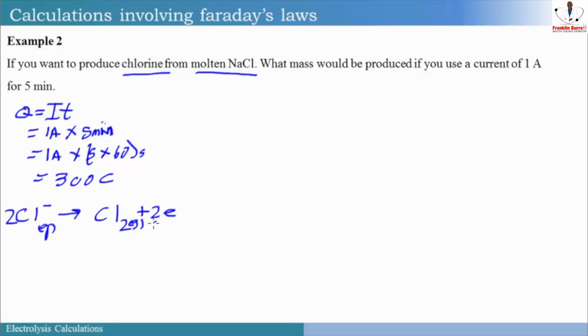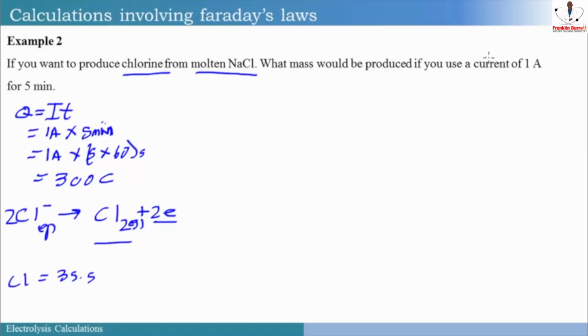So right away, we realize that 2 moles of electrons are liberated. So from these 2 moles of electrons liberated, we can now calculate the mass. Now, chlorine is diatomic, and the molar mass of chlorine is 35.5. Therefore, being diatomic, chlorine being Cl2 now, that mass would now be 71.